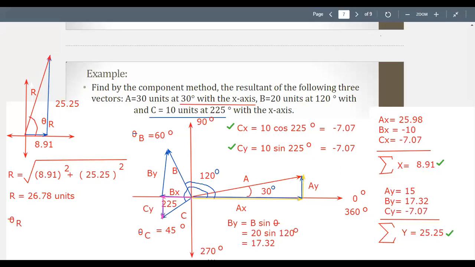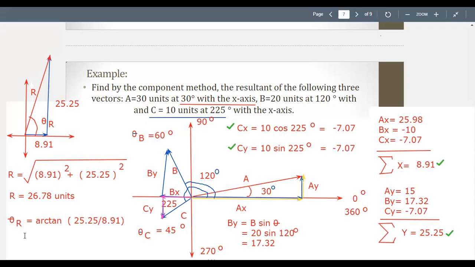How much is our angle theta sub r? Again, theta sub r is our angle inside here, the angle of the resultant. It equals the arctangent of the opposite value, which is 25.25, divided by 8.91.